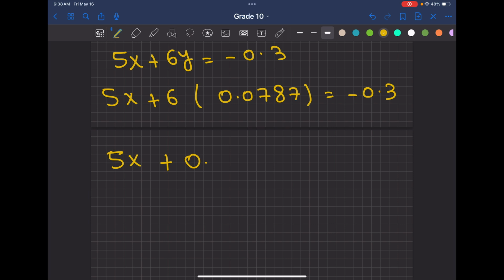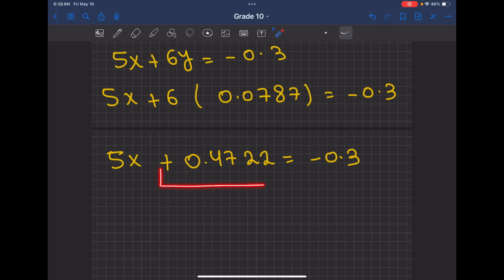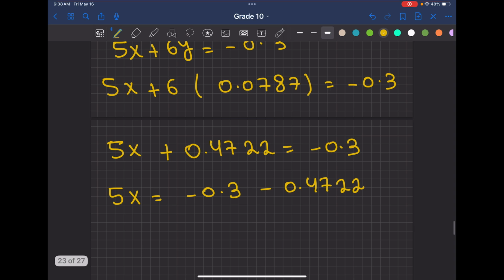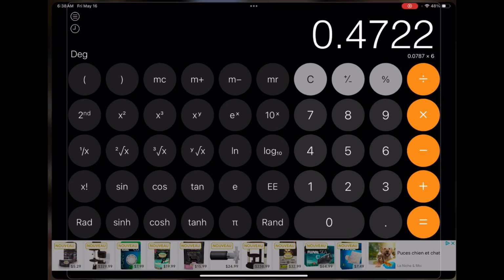Okay, 5x plus 0.4722 equals negative 0.3. I have to move this positive number to the right side so it becomes negative. So 5x equals negative 0.3 minus 0.4722. So I have to find that number.